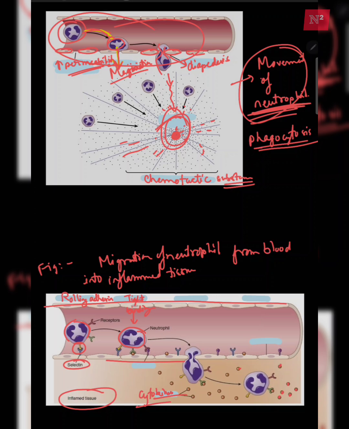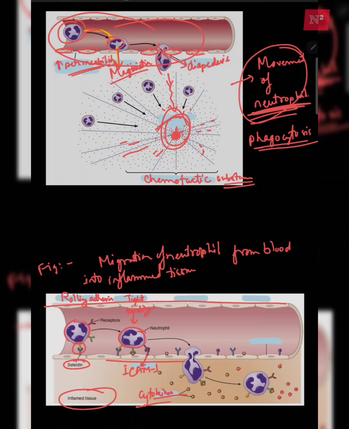Now as soon as the selectins are bound with the receptors of the neutrophil, another receptor called the intercellular adhesion molecule, ICAM-1, also gets adhered to the receptors of the neutrophil.